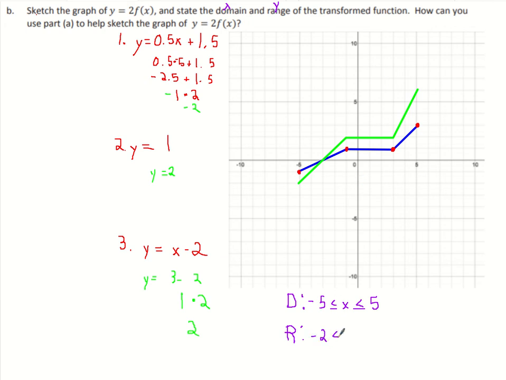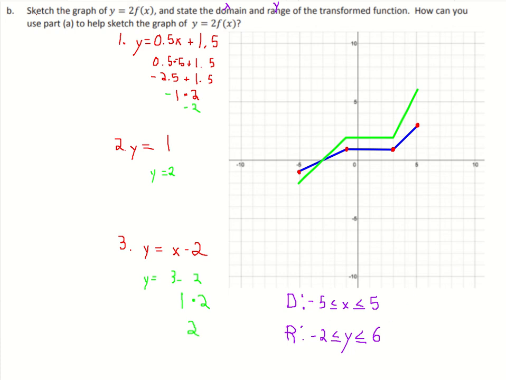So -2 is going to be less than or equal to y, which is going to be less than or equal to, if I look at my greatest y value, it is no longer going to be 3, it's going to be 6. So here's my new domain and range.